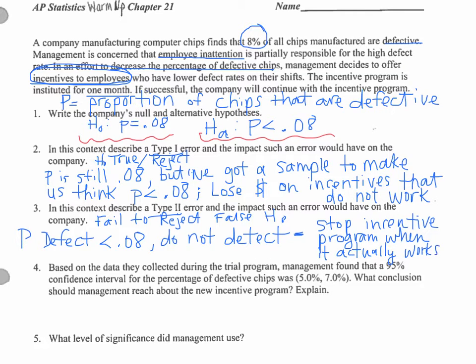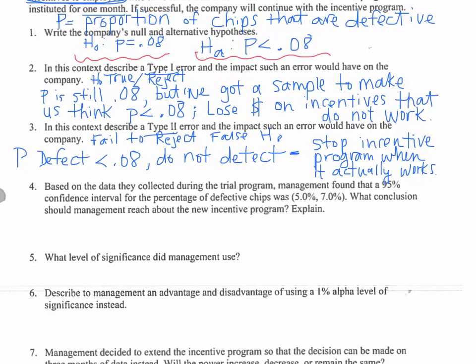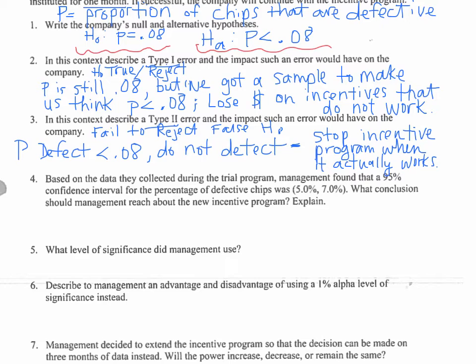All right. Okay, now, based on the data that they collected, what they found was that a 95% confidence interval gave them this 5% to 7% interval. So the question is then, what conclusion should they come out with?